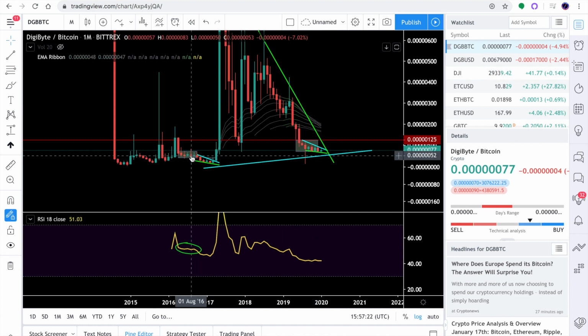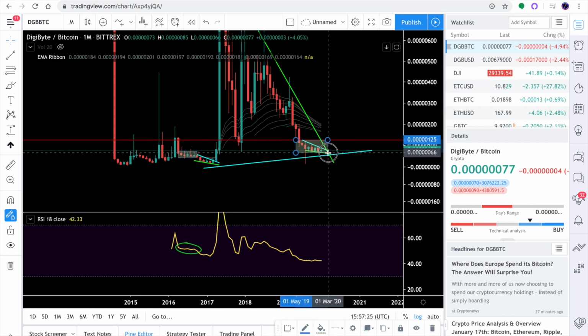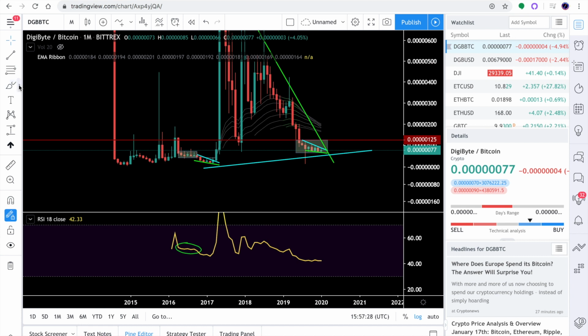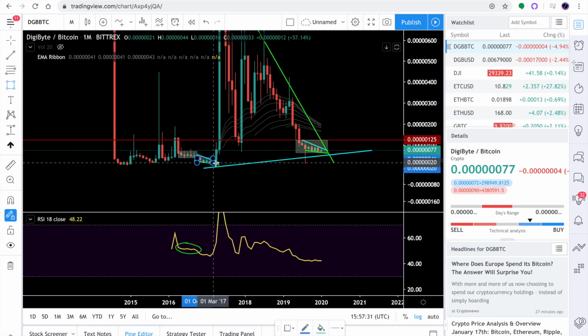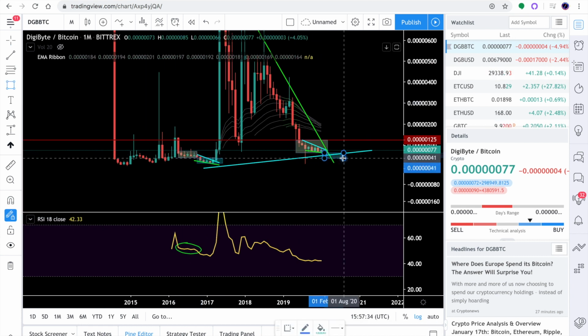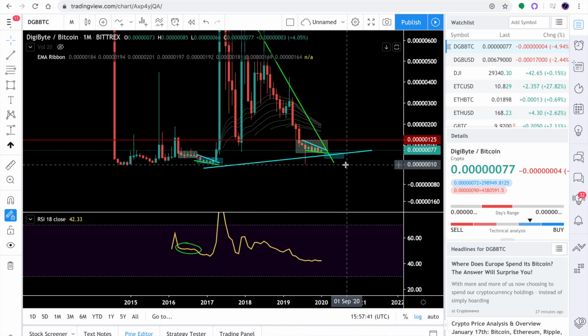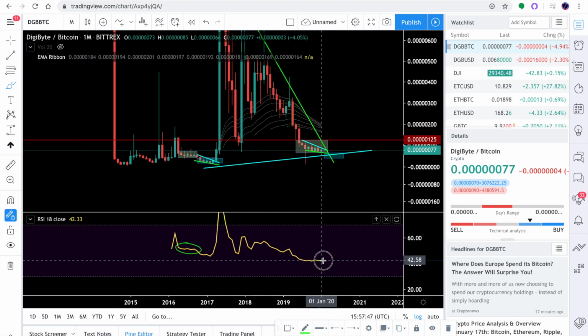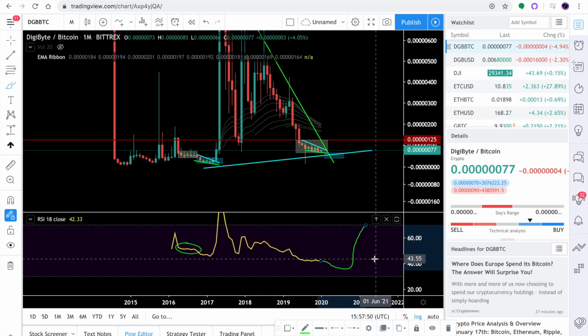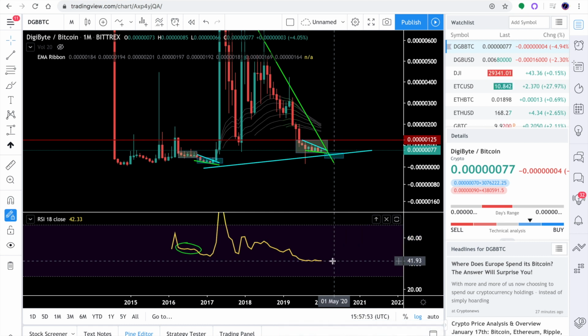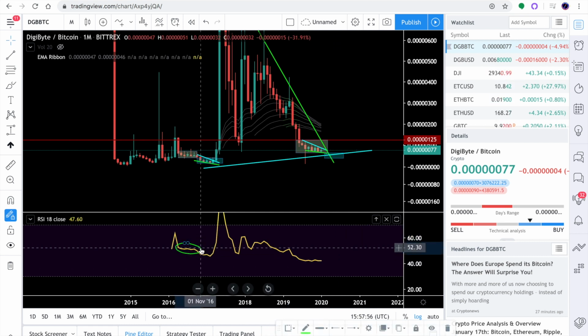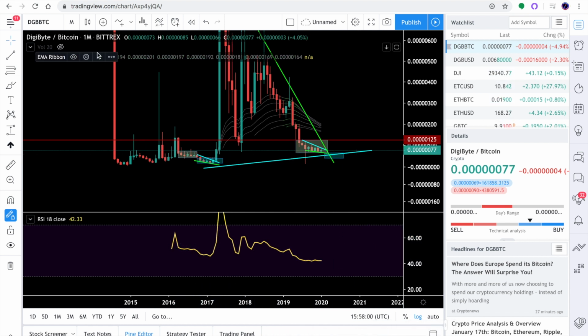So we could be in a similar pattern, and then we create another small little channel here, which would probably put us down into the 40s on the sat level. If this decides to break down, that's gonna have the RSI kind of dump down like this a little bit before it shoots back up. But the RSI looks pretty flat now, sitting at about 41, 42. So that's a good sign there.